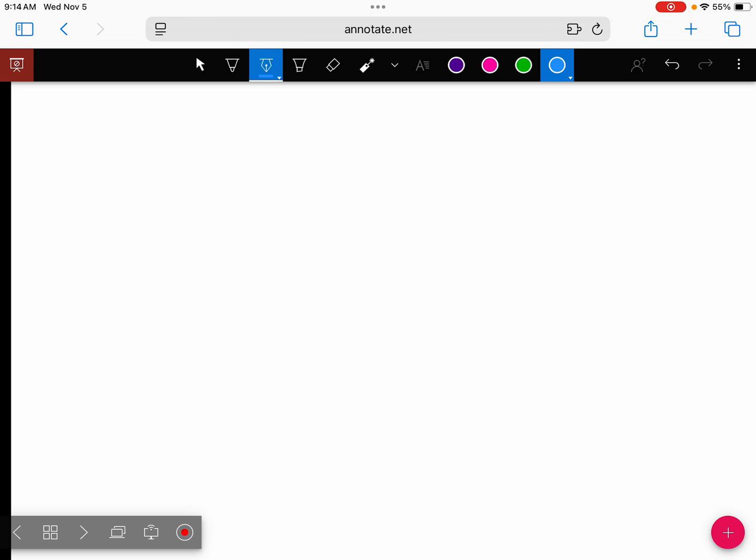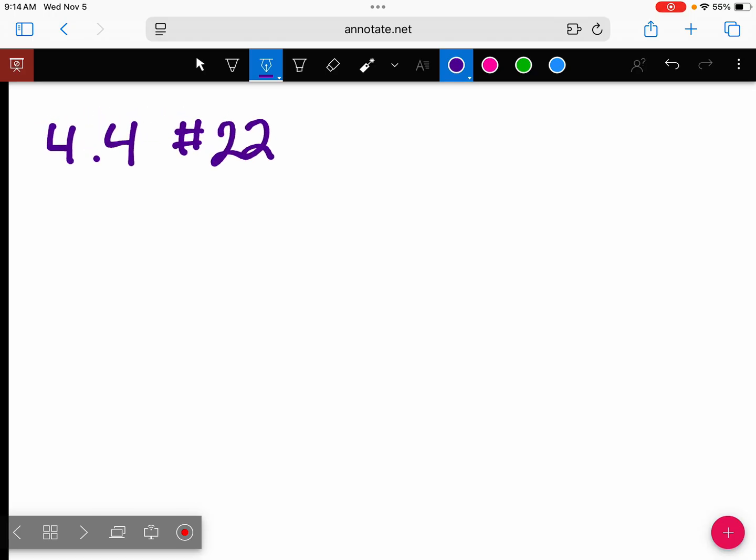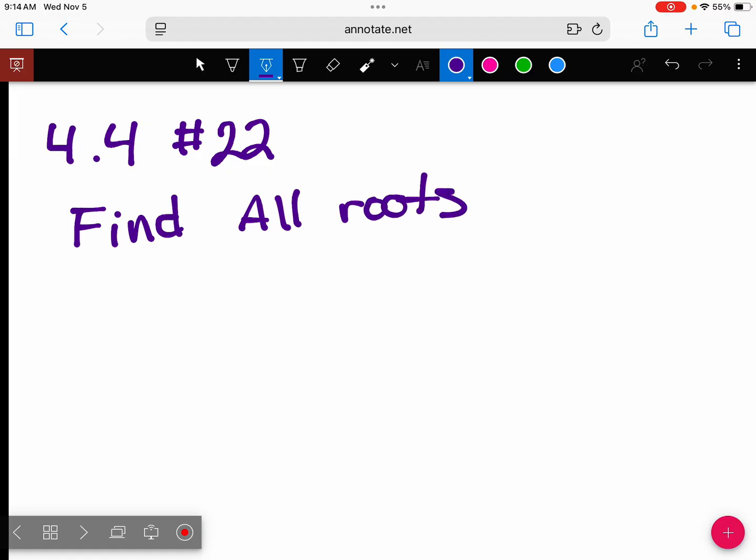Let's look at section 4.4. We'll do number 22. It's one of the ones from the homework. This is find all of our roots, and we're going to do a Descartes while we do it. So this was one we did in the homework.